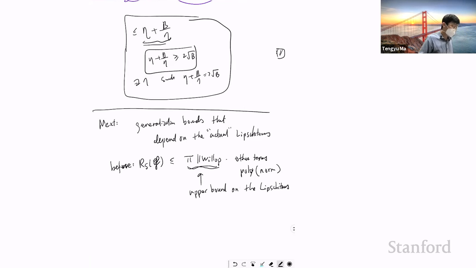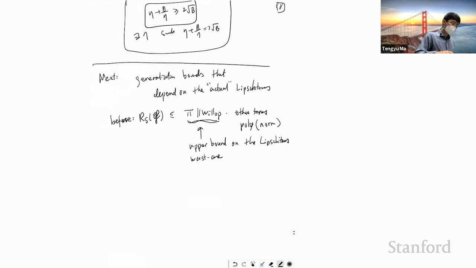And it's a pretty worst-case upper bound, because if you really want your network to achieve this Lipschitzness, you have to construct something somewhat special. And even if this worst-case upper bound is achievable in certain cases, you still want to find a network which is probably better than this empirically.